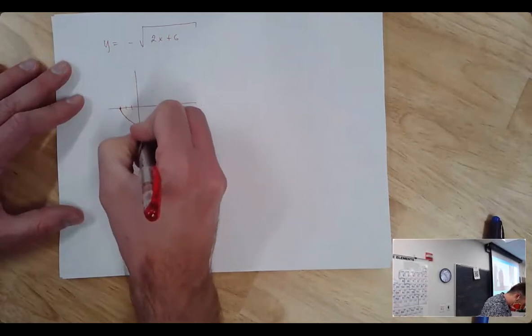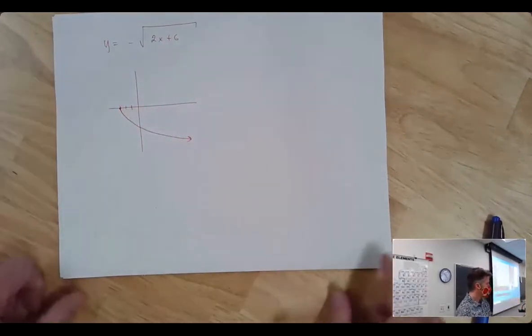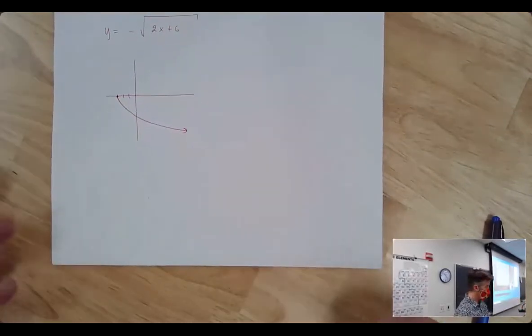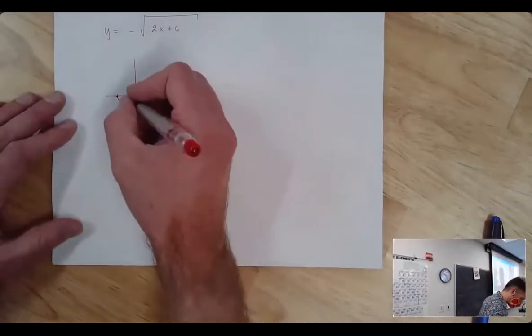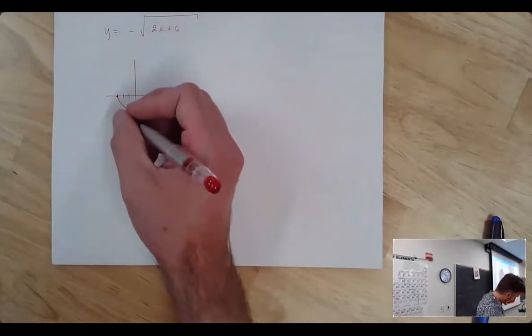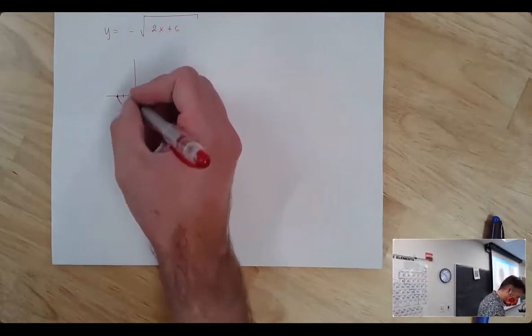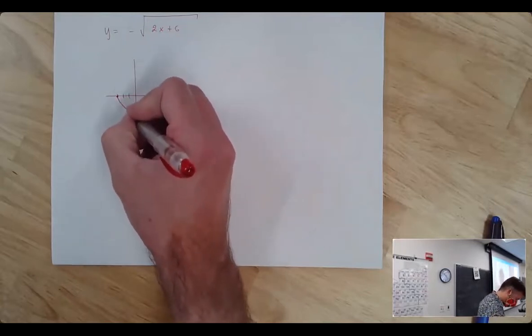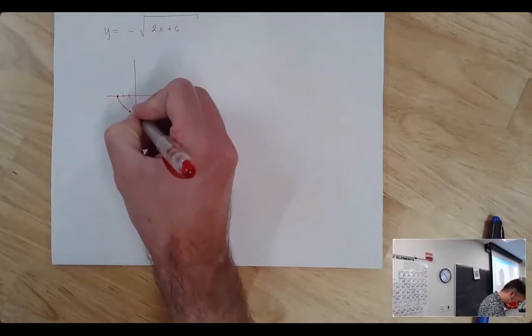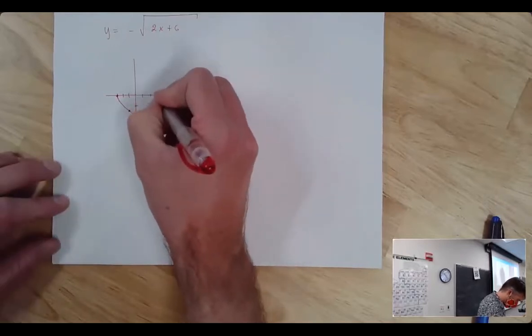So it'll look like that. And again, I know this graph is not super precise, right? I could plot more points. I know that x is negative 1, and negative 2, and so on.